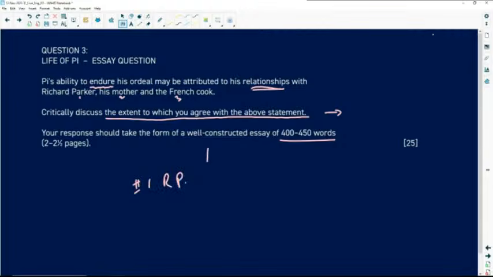I would look at the first story in a lot of detail because most of the book is the first story. And you would look at the fact that he needs Richard Parker, let's say, for his physical survival and his mental health, so his psychological survival. And you'd explain why. So here's where you use the details of the story.